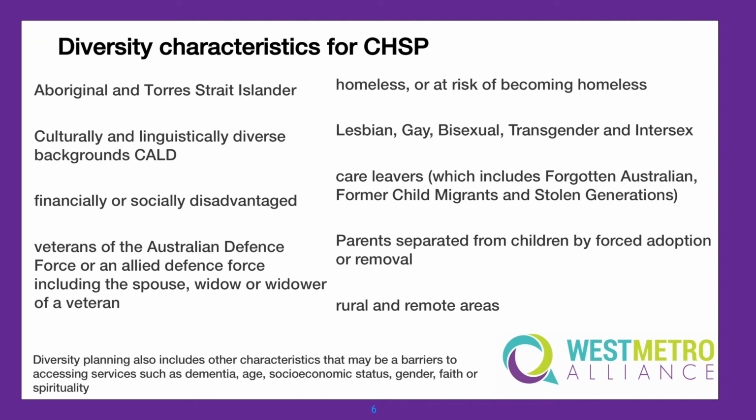So here is a slide that demonstrates the diversity characteristics for the CHSP funding stream. You will see that these areas are what we call the diversity characteristics, or also the focus areas, and it is expected that you have at least 3 of these if you receive CHSP funding, and that is that you will cover 3 of these areas in your plan.